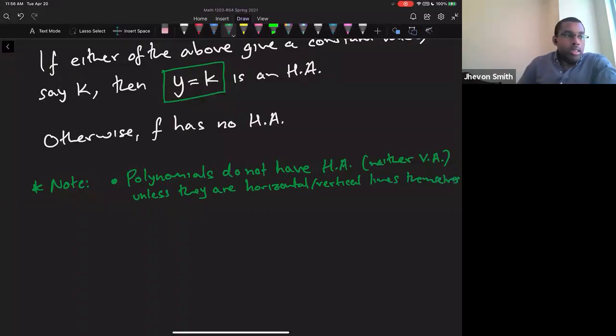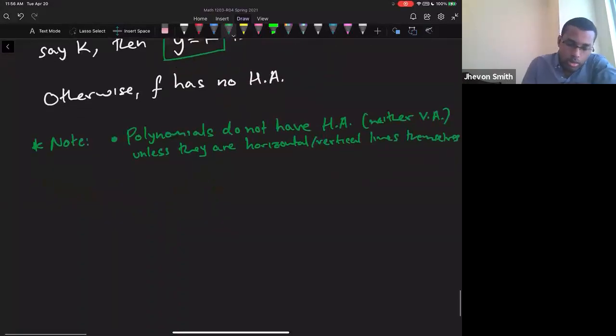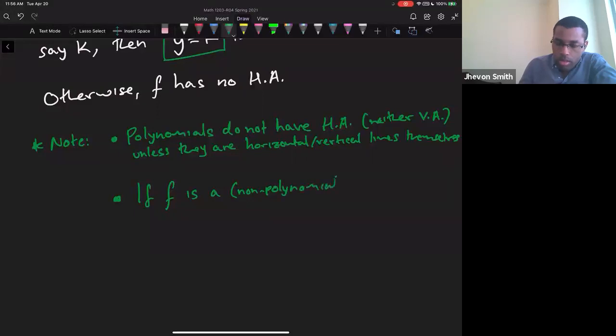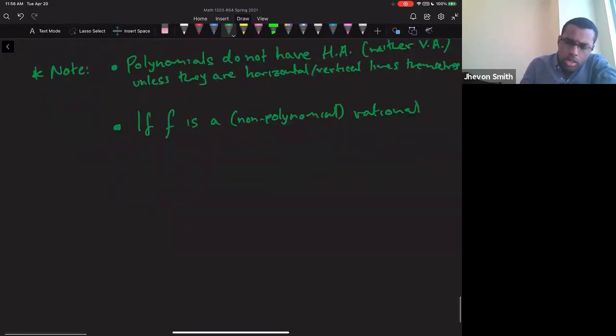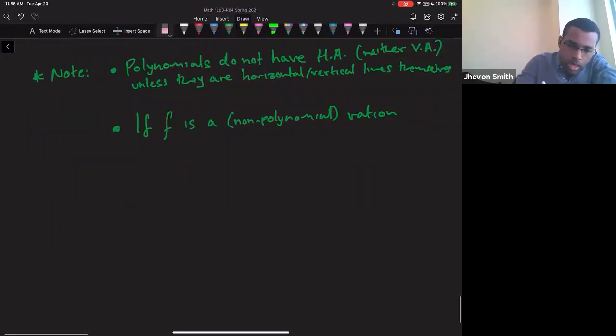Okay. And yeah, so now let's say another function that we care about, if f is a non-polynomial, rational function. So remember, a rational function is just a ratio of two polynomials.